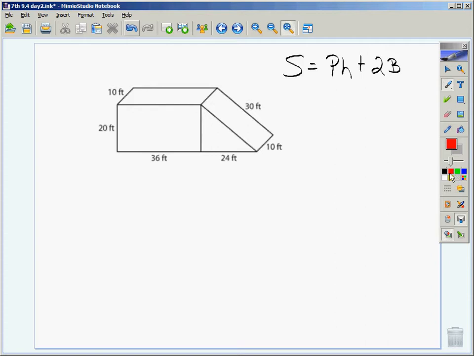The what? Height. This is where you have to be careful because of a misconception of what height is. People will think of it as from the floor to the ceiling, but it's between the two congruent parallel faces. What is the height? The height is 10.